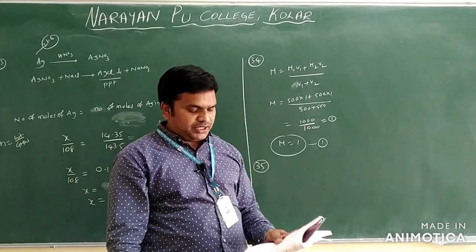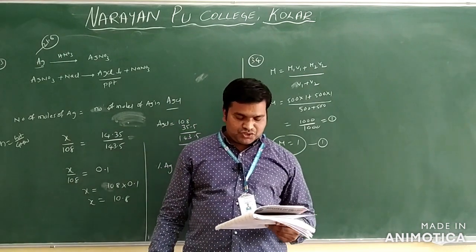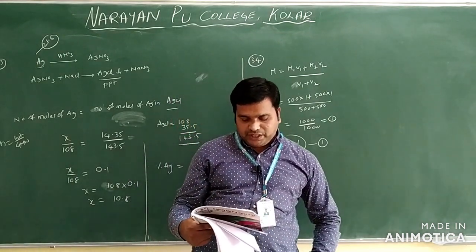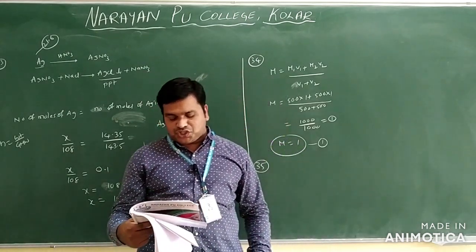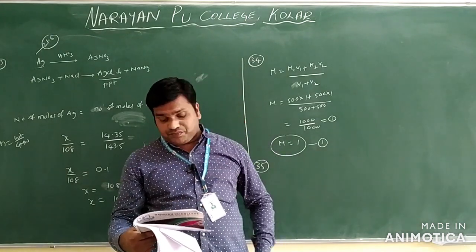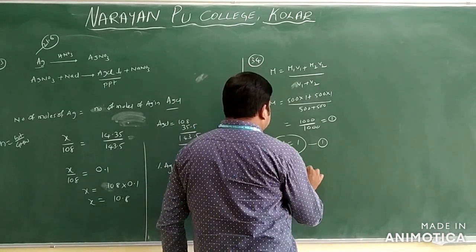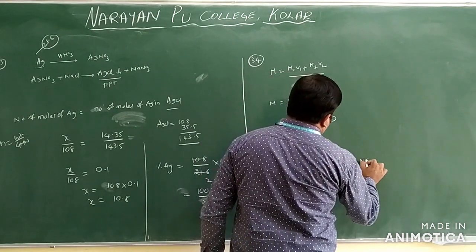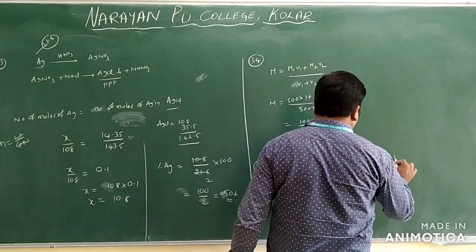Let us see question number 35. What volume of 0.1 molar H2SO4 must be added to 50 ml of 0.1 molar NaOH solution to make a solution in which the molarity of the H2SO4 is 0.050 molar? Let us see the equation we have. H2SO4 plus NaOH gives rise to Na2SO4 plus H2O.